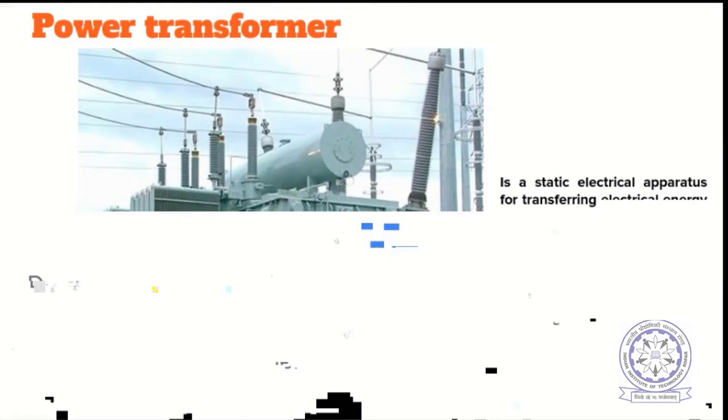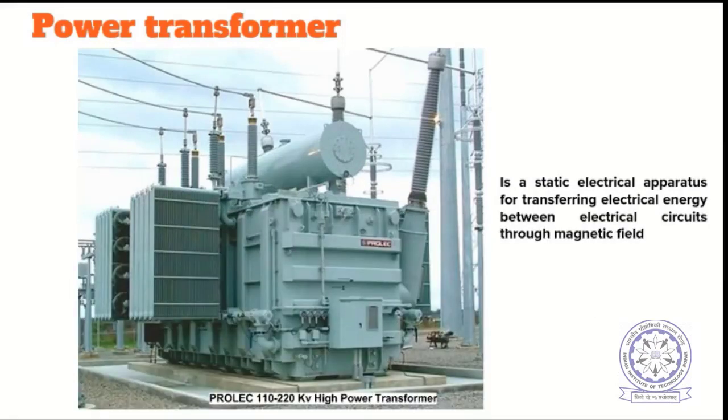So this is a power transformer. The basic definition is that it is a static electrical apparatus for transferring electrical energy between electrical circuits through a magnetic field.